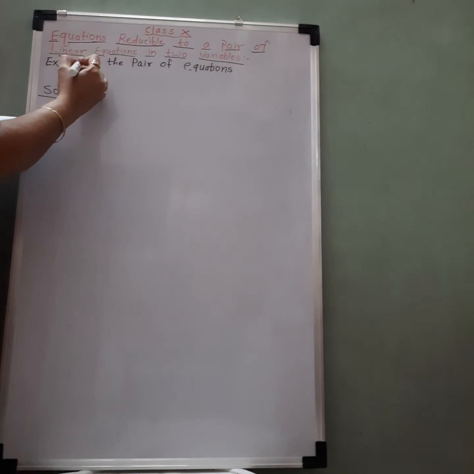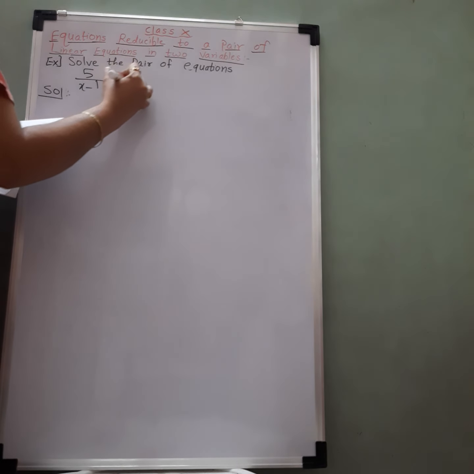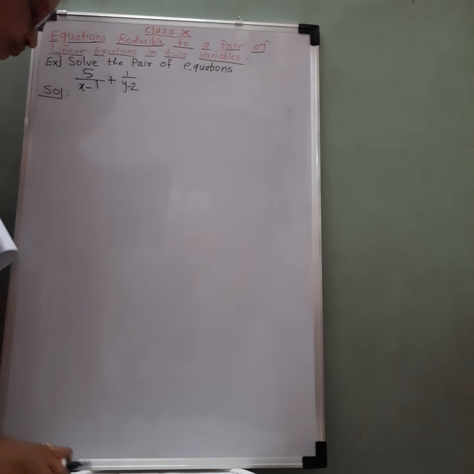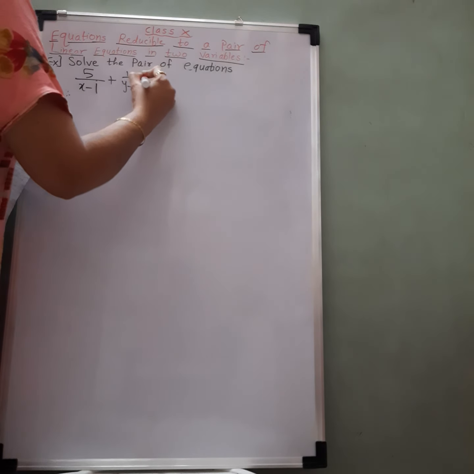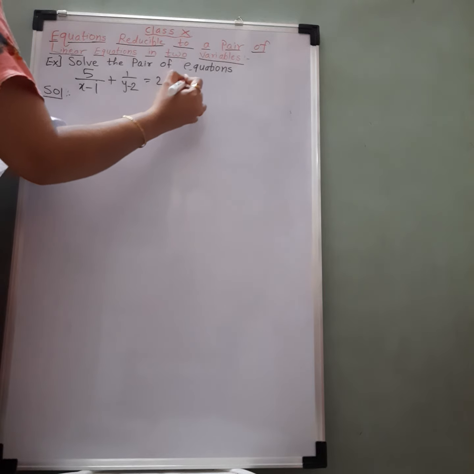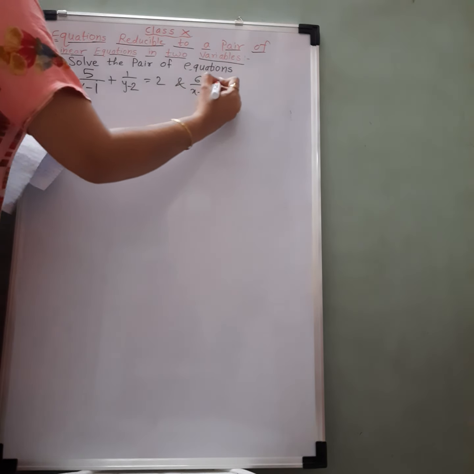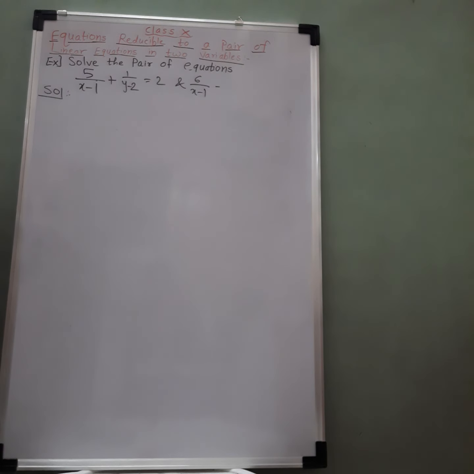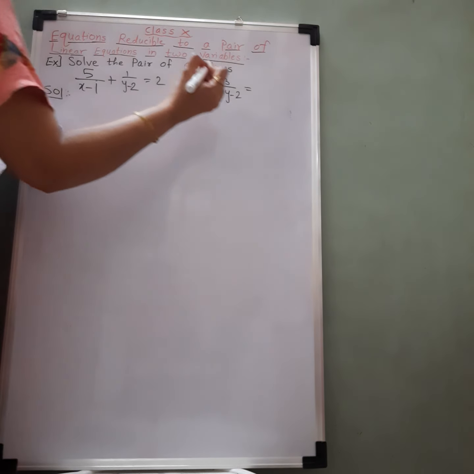That is the fourth type. 5 upon x minus 1 plus 1 upon y minus 2 is equal to 2, and 6 upon x minus 1 minus 3 upon y minus 2 is equal to 1.